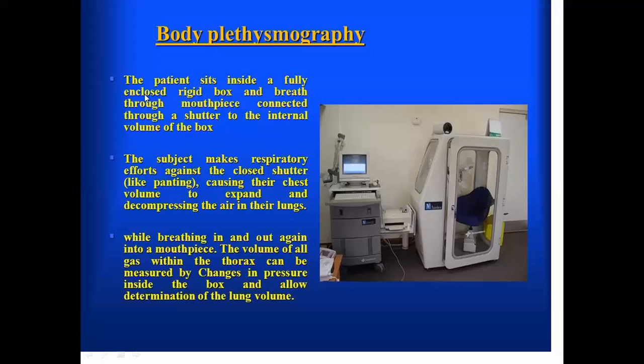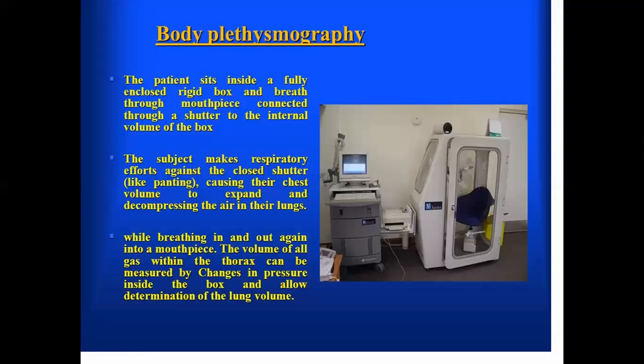The patient sits inside a fully closed rigid box and breathes through a mouthpiece connected through a shutter to the internal volume of the box. The subject makes respiratory efforts against the closed shutter, causing their chest volume to expand and decompressing the air in their lungs. We will close the door and ask him to inhale and exhale through the mouthpiece.